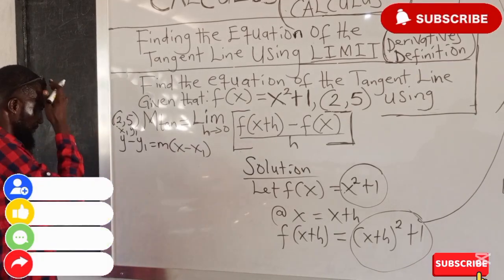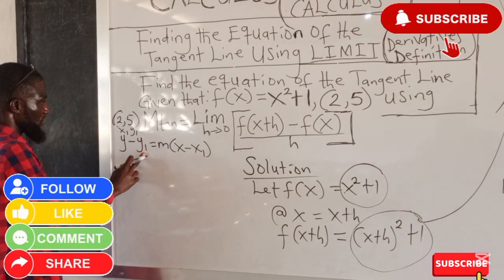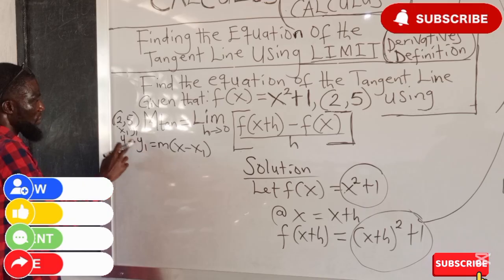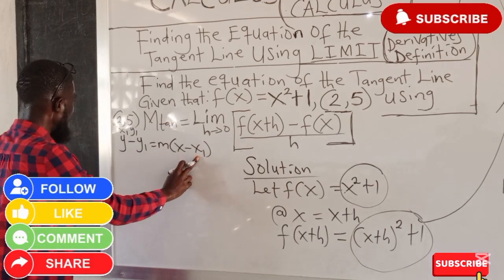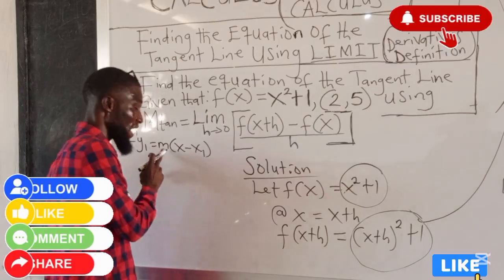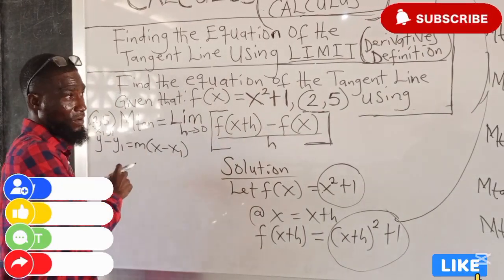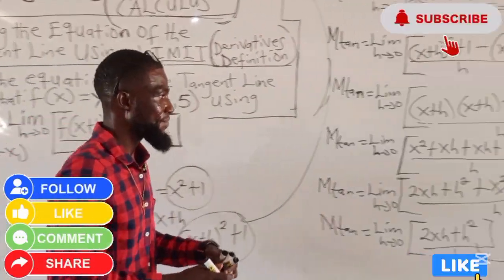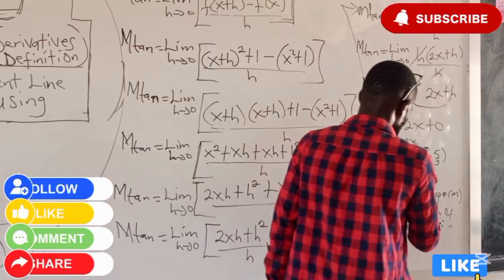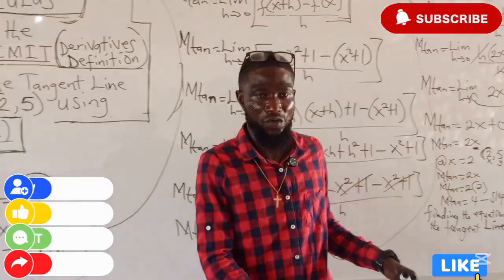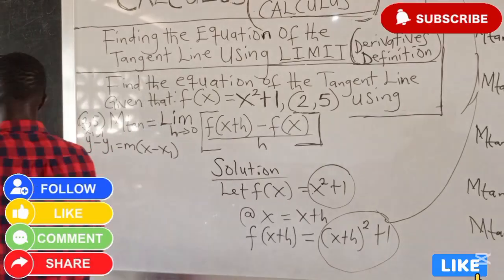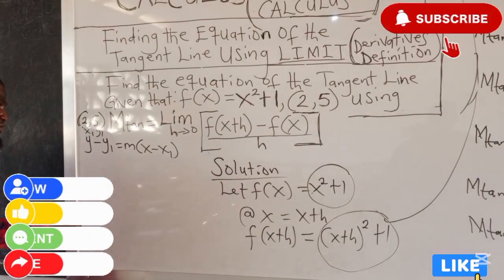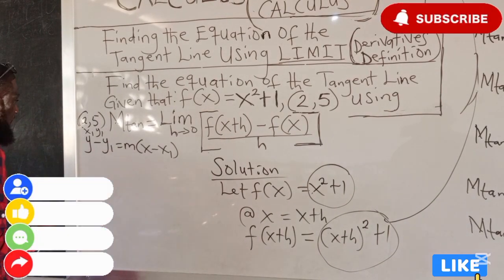So when I see y1, I take the number for y1, which is 5, and the number for x1, which is 2. Remember, the number for the slope, which is m, is equal to 4. So we take the 4 and place it here to represent our slope, m.